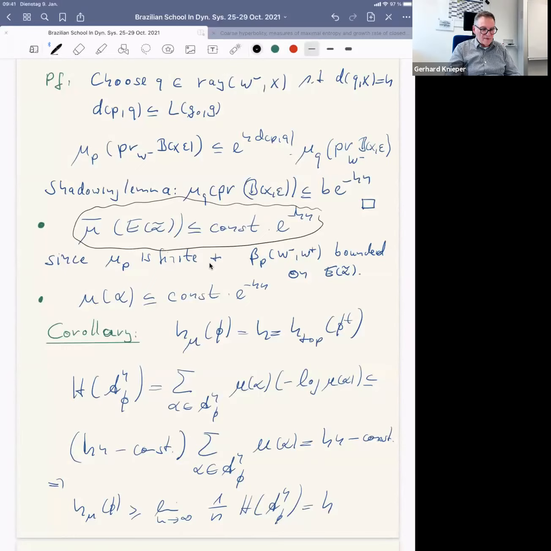Here I'm not using any special features. Of course, if I estimate the measure, I use this kind of product construction, but so far I did not use any other properties of this measure. Let me be more precise. So here you don't have the stable and unstable manifolds like in the hyperbolic case?